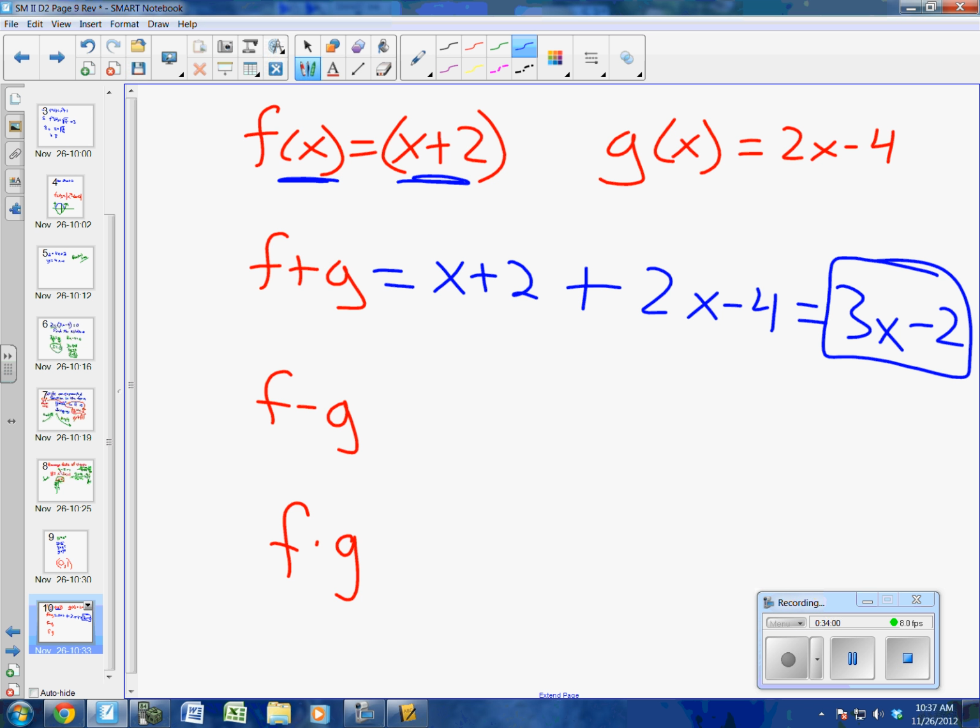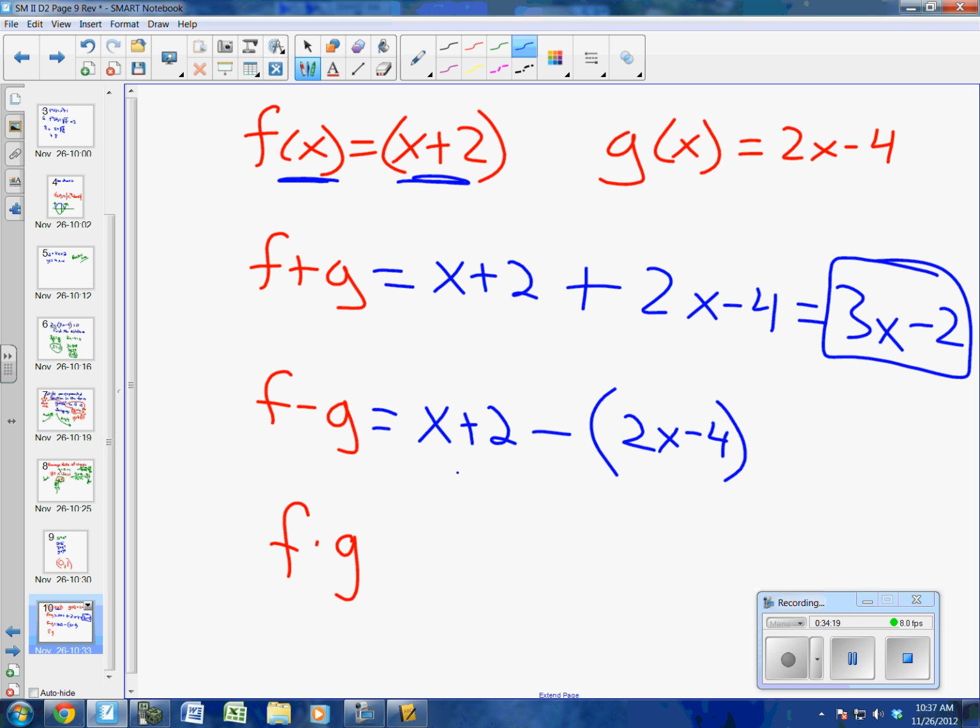Okay, now it wants me to do f minus g. It's the same thing, x plus 2 minus (2x minus 4). Why do I have to put that in parentheses, you guys? Because I have to subtract each term inside function g, right?